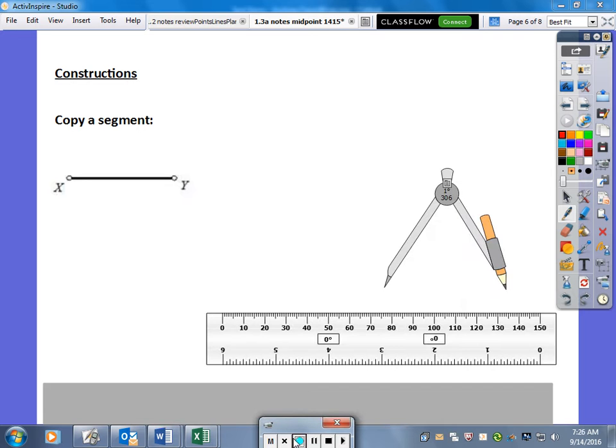Alright, so now we're going to start constructing some of the objects that we have talked about before. And in geometry, construction means using a compass and a straight edge.